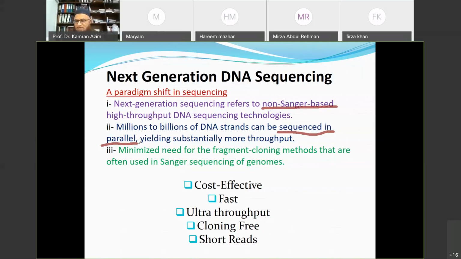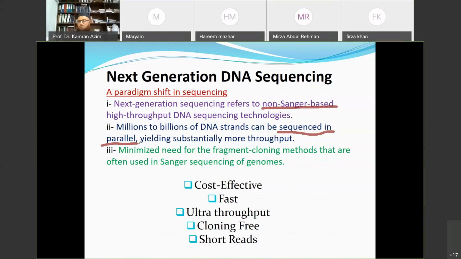It is a very important aspect of NGS compared to Sanger sequencing, because in Sanger sequencing, after fragmentation, we separate the DNA molecules and sequence each and every molecule separately. Sequencing DNA separately needs a lot of time, chemicals, resources, and technical know-how.